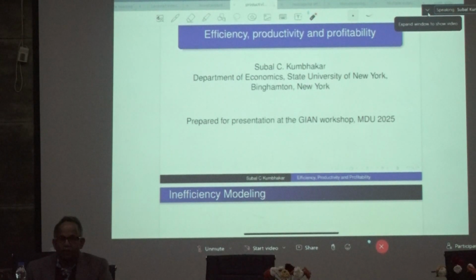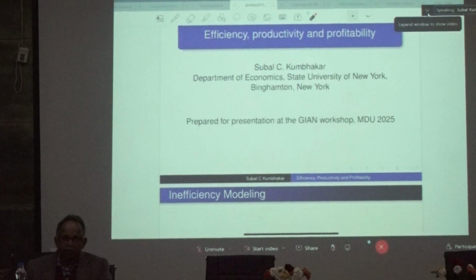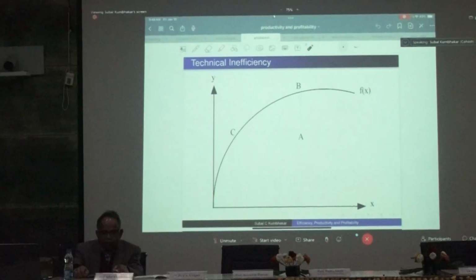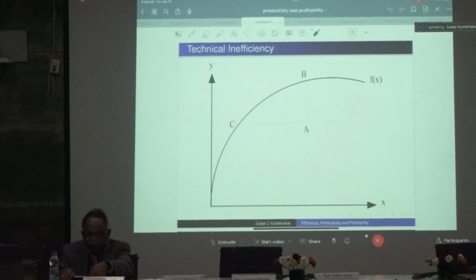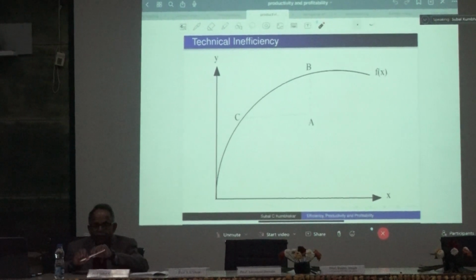So in that sense it is a natural extension of panel modeling. And again, of course, I'll be adding an inefficiency component to it. So let me start with measuring output-oriented inefficiency, or both output and input-oriented inefficiency.